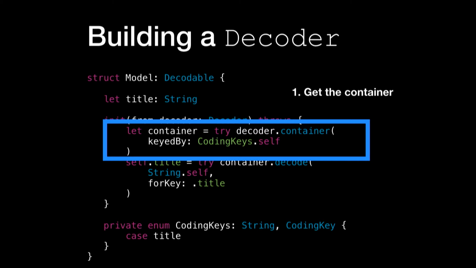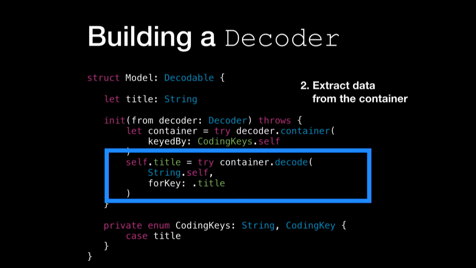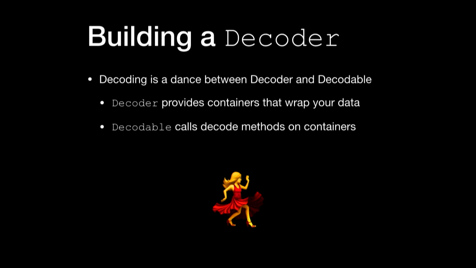That's the container that wraps the actual data that we're going to extract and pull into our model. And then we extract data from that container. So here we're pulling the string out for the title key. All right, so it's those two steps. And this illustrates the dance that happens between Decoder and Decodable. Decoder provides these containers that wrap your data, and Decodable calls these decode methods on those containers that were provided.